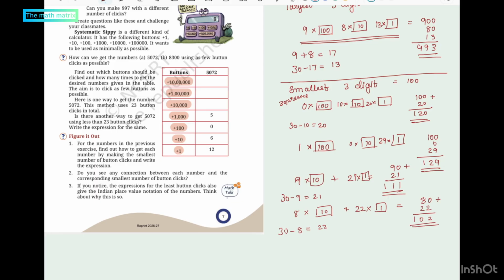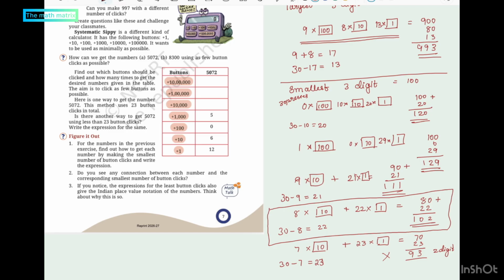Next we can consider 7 tens buttons and then 30 minus 7 which is 23, so we can use 23 ones. We have 70 plus 23 which is 93, which is a 2-digit number. We cannot use that, so 8 tens and 22 ones and 102 is the answer.